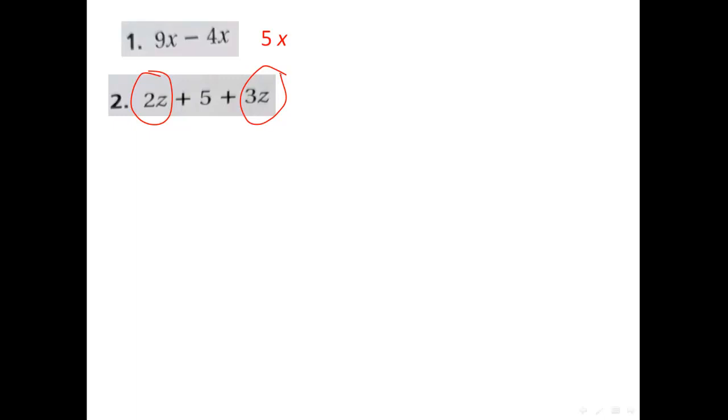The sign for the 2 is positive and the sign for 3 is positive. So 2 plus 3 equals 5, so 5z. And the 5 alone, is there any like term same as the 5? No. So 5 will come down and we will have 5z plus 5.